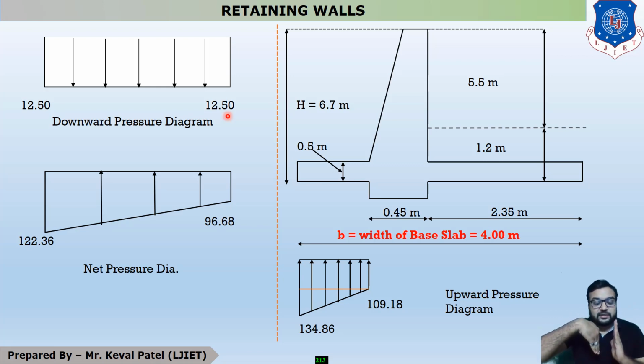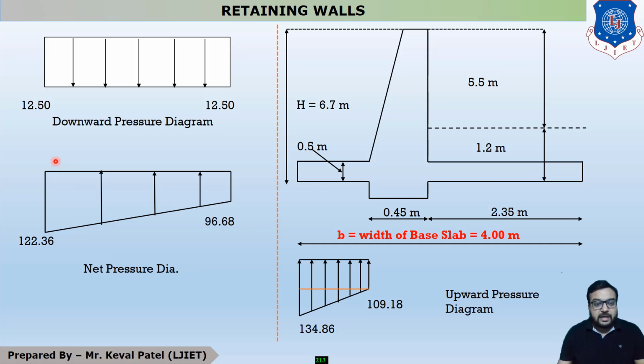So our net pressure is in the upward direction. What is the value? The value is 109.18 minus 12.50, which is equal to 96.68.